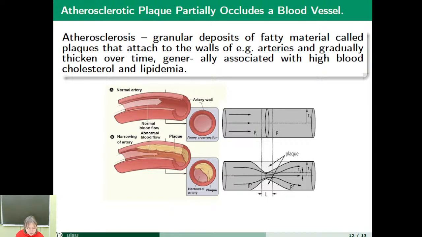This tendency is even more pronounced than this figure suggests.